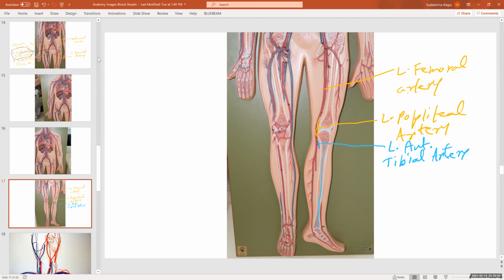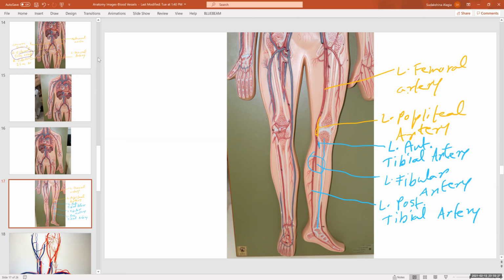So we know tibia is on the medial side, fibula is on the lateral side, and that's basically what we are looking at here. This is left fibular artery, while this is left posterior tibial artery.